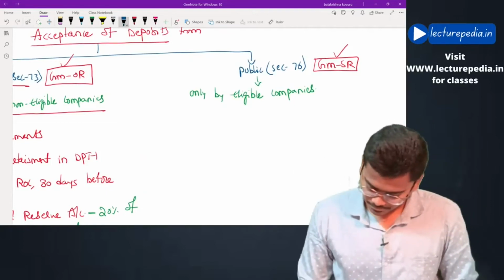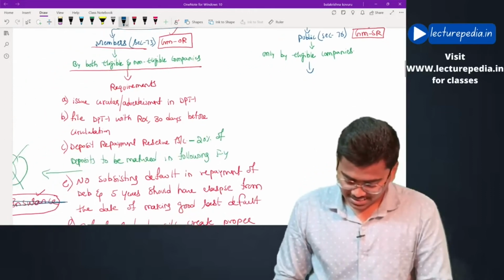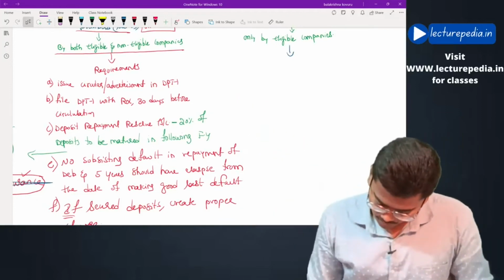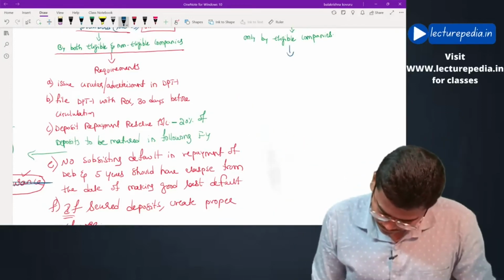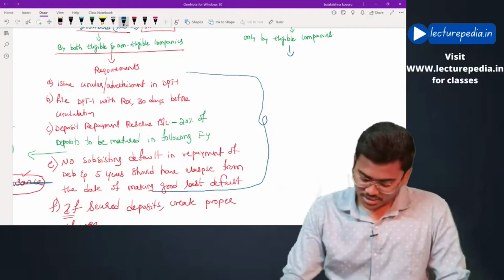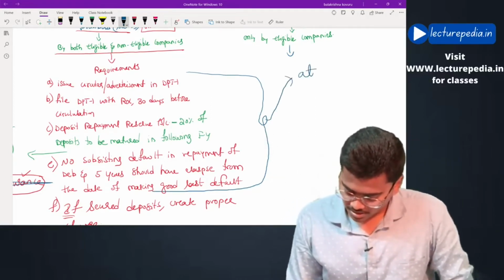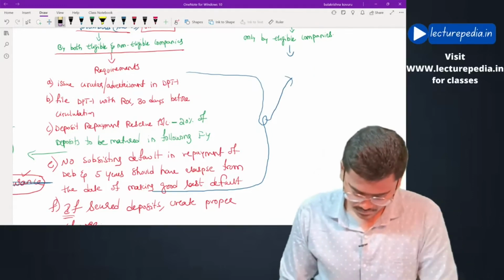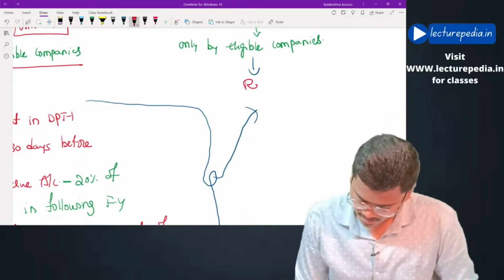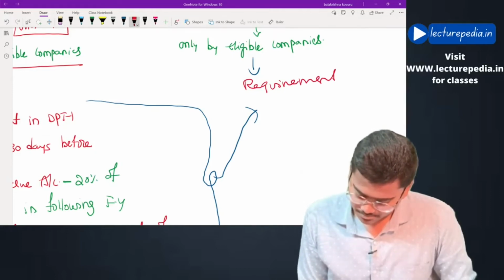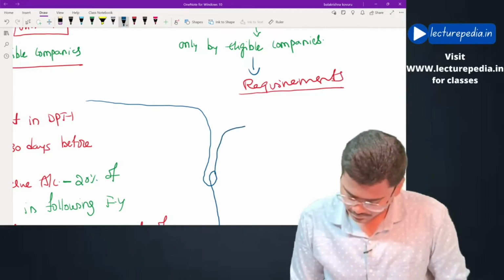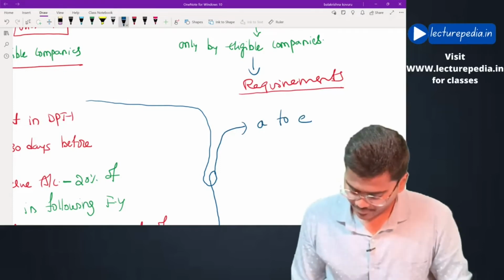Basically, all the conditions that we have discussed here, from point number A to E, all these conditions apply as requirements.